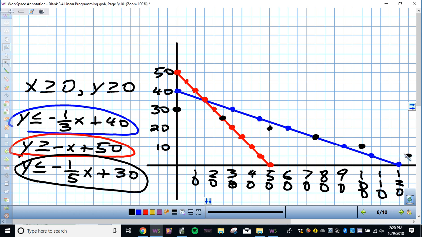Then I run out of room on my graph. I don't want that in red though. Graph this one in black. Okay, get caught up with that graphing, then we'll talk about shading.